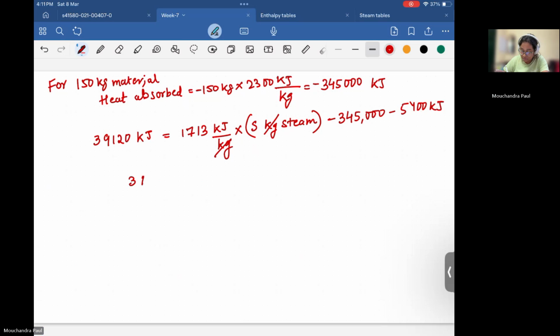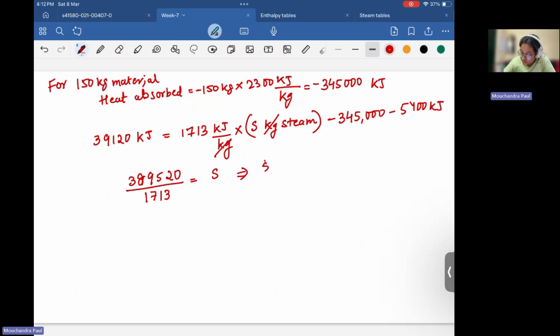So 389,520 divided by 1713 gives S. So 520 divided by 173.